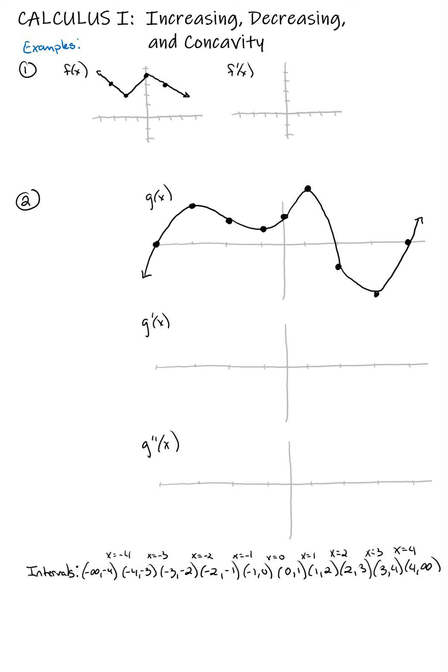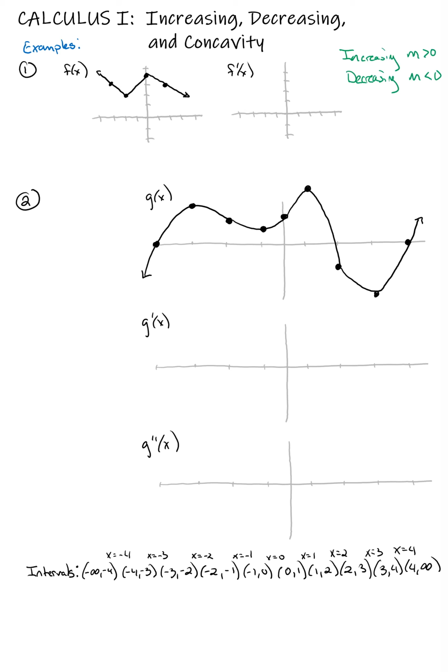First thing I want to make sure you recall from algebra is that if our function is increasing, then the slope is positive, and if a function is decreasing, that means the slope would be negative.